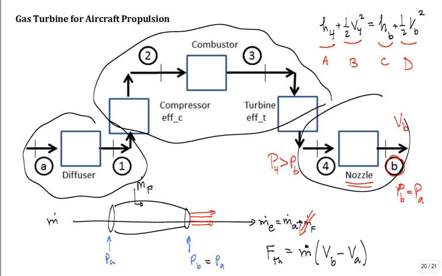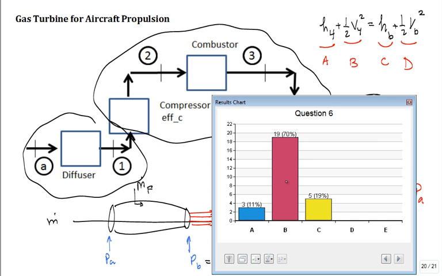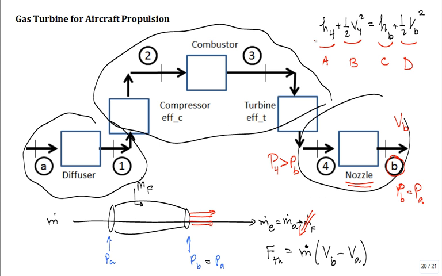All right, so it is B. So we want a high enthalpy. High enthalpy will allow the flow, this is negligible, to get as high a kinetic energy at the outlet. We want that to be high. Okay, so how do I analyze going from this H4 to HB plus 1/2 VB squared?